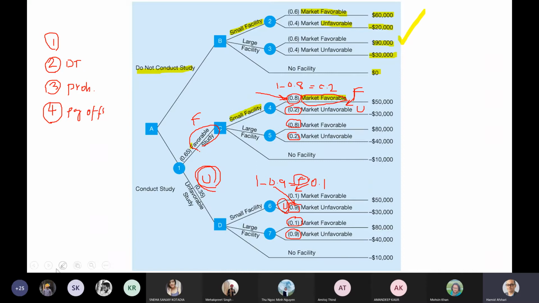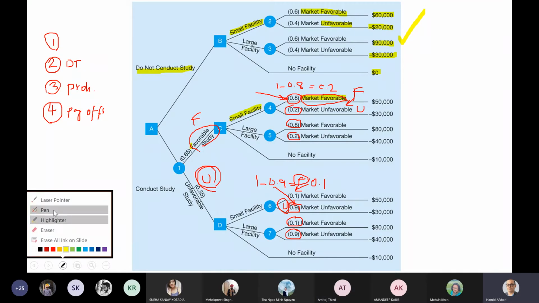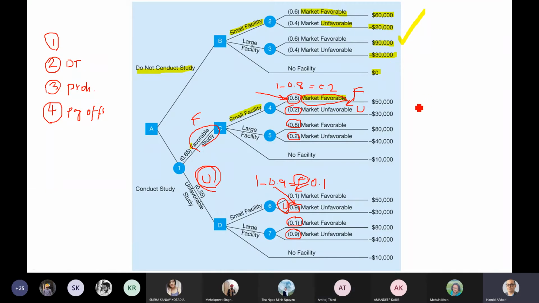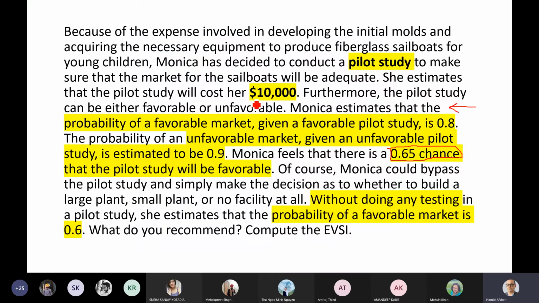It will be very simple. If I do not perform any pilot study, how much am I going to earn? 60,000, correct? This is the money that will come to my pocket. And because I am performing a pilot study, how much is the cost of a pilot study?